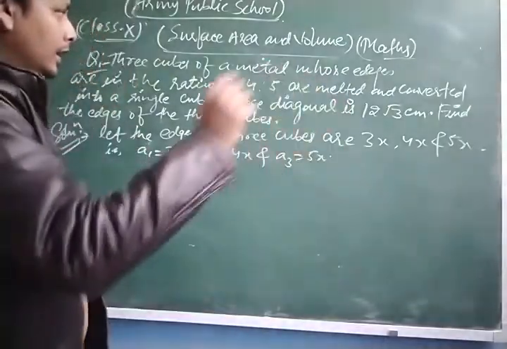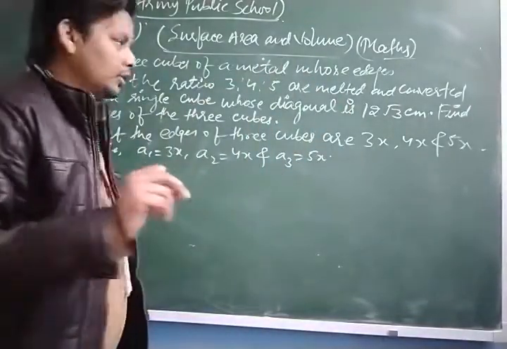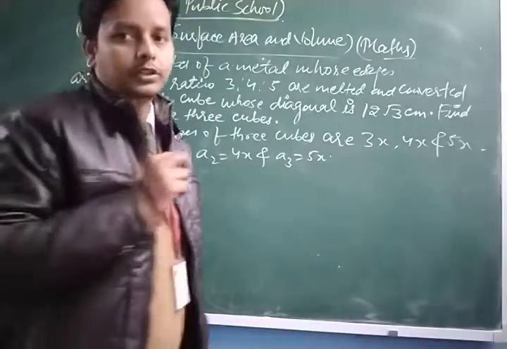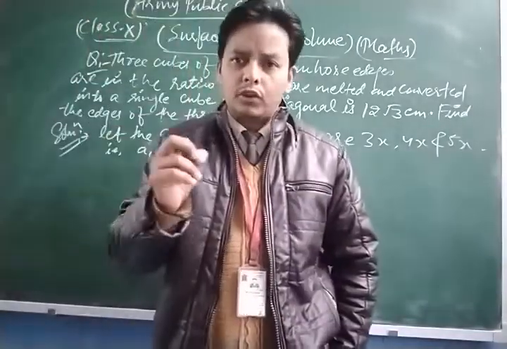Now look, they are melted and converted into a single cube. So in that condition, the sum of the volumes of all 3 cubes is equal to the volume of the single cube.